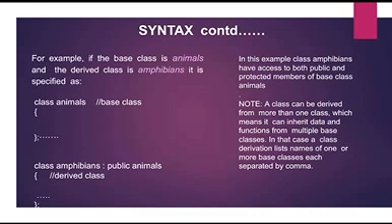And next, private: when the member is declared as private, it is accessible within the class only. Protected means when the member is declared as protected, it is accessible within its own class as well as the class immediately derived from it.